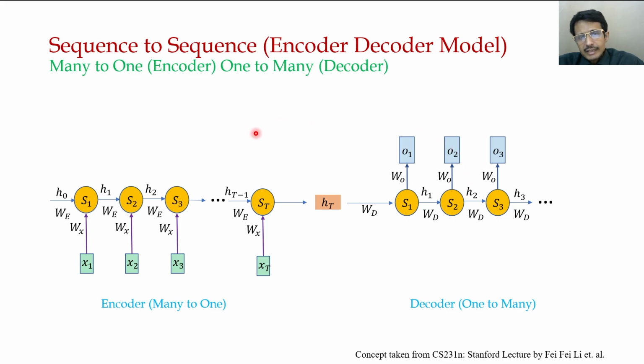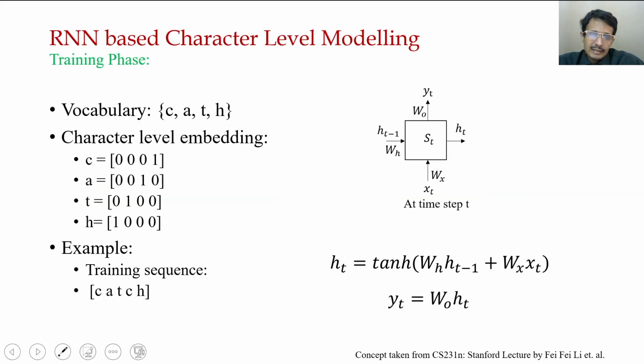Now, this kind of thing is a very naive NLP task. Okay, let's try to understand. This is an even more simplistic task, called character level modeling. There is one word, and we have to find out what the letters are.